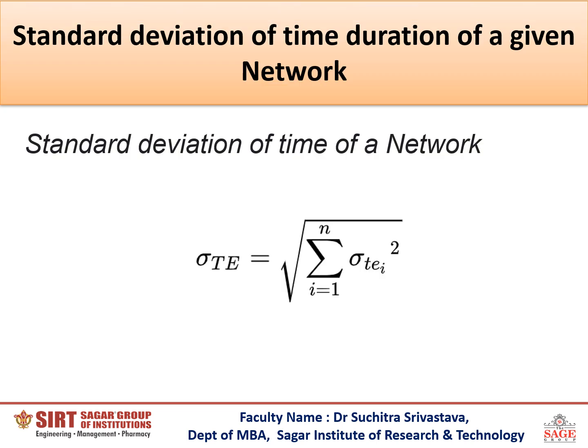Hence, when we get the standard deviations of each activity of a project, we can compute the variance of each activity by squaring the standard deviations. When we sum up the variances of all the activities of a project, we get the sum of variances of the entire project. Now, by taking the square root of the sum of the variances, we can get the standard deviation of the entire project.